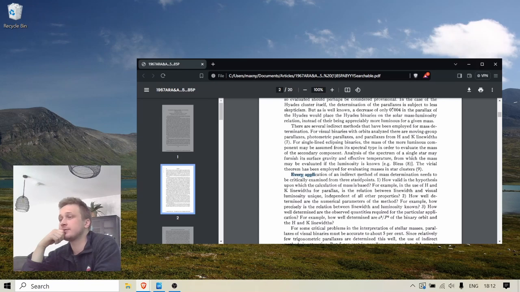For example, how precisely is the relationship between line width and luminosity known? And 3, how well determined are the observed quantities required for the particular application? For example, how well determined are semi-major axis and period of the binary orbit and the H and K line widths?